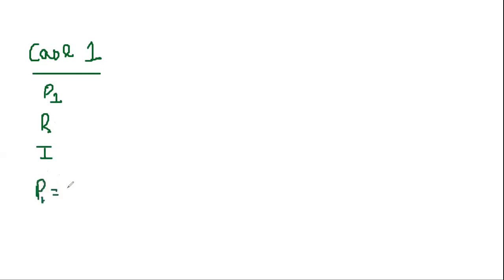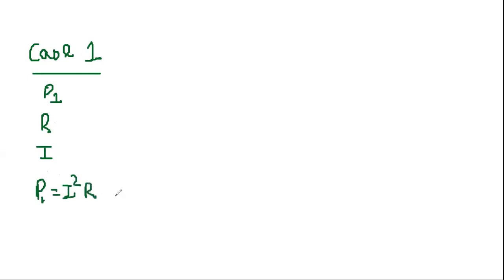For case 1, I'm going to take the power P1. The value of resistor is R and the value of current is I. We know that power is equal to square of current into resistance, so it becomes I square R.